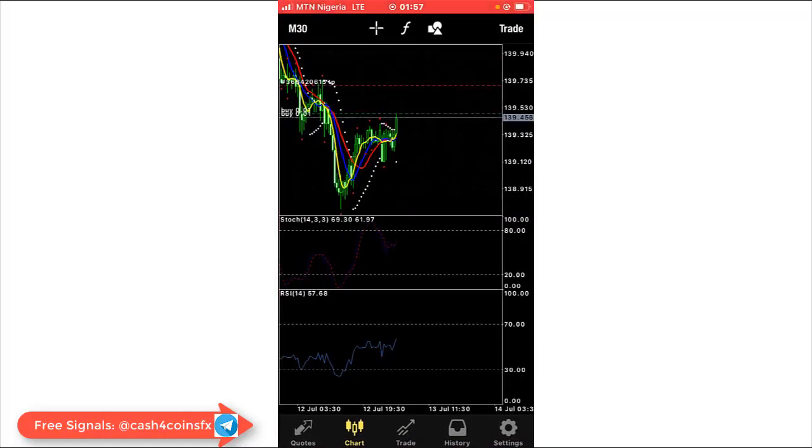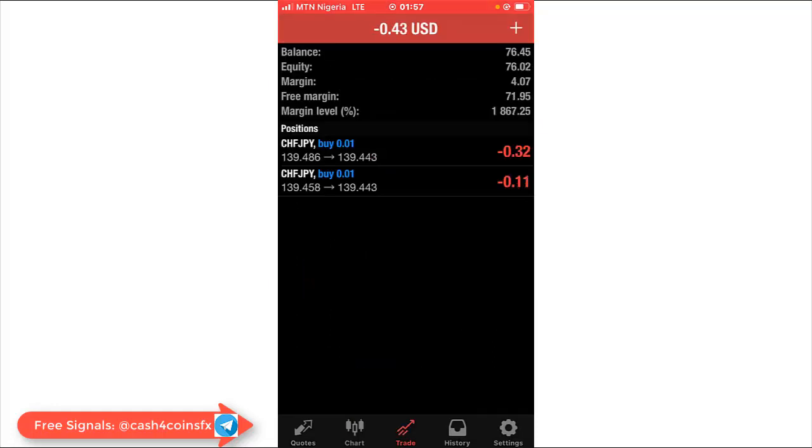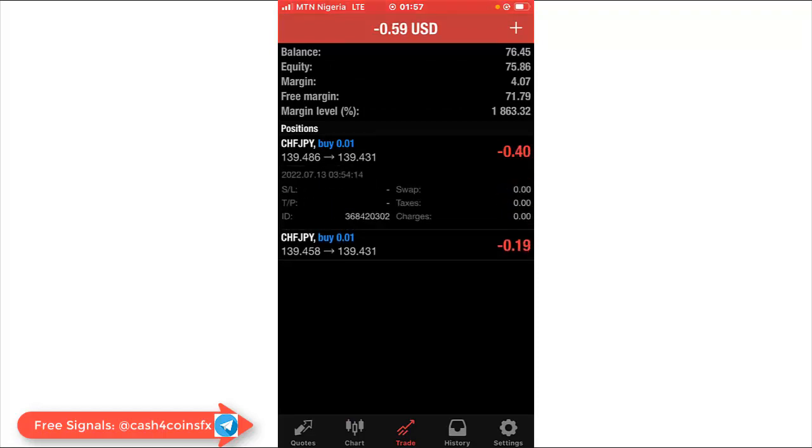Then if you have already created a trade or entered a trade without putting the stop loss and take profit, what are you going to do? You click on the trade. Like, is it this one? Yes, this particular one. This one has no stop loss and no take profit.